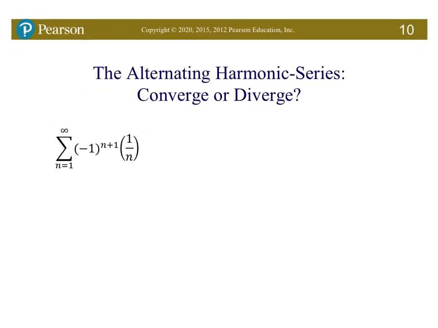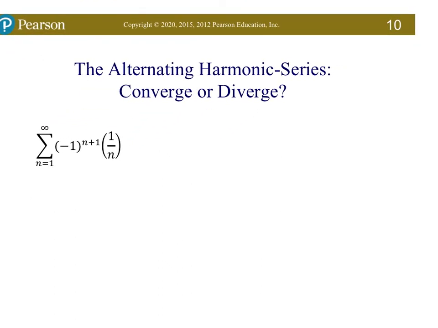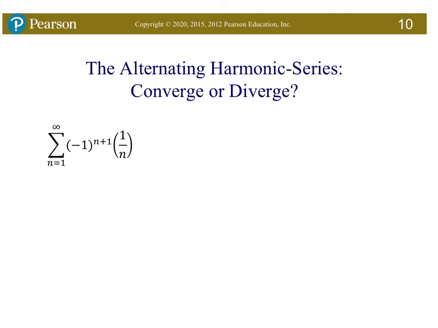Now there's a special case of the harmonic series called the alternating harmonic series, and that's where the harmonic series is preceded by a (-1) to the n plus 1 power. So what does that look like? If we start with plugging in the number 1, we get the term 1. If we plug in 2, we get -1/2.